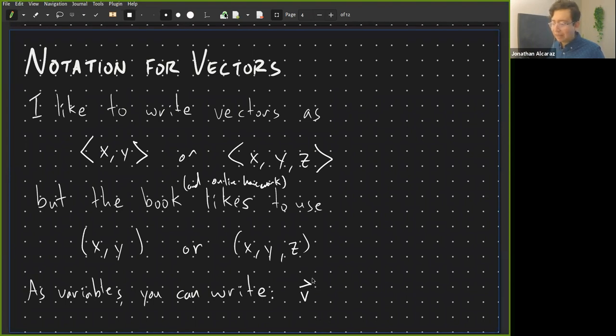I would write the little v, and above the v there's this little arrow that tells you that this v is not just a regular old variable, it's actually a vector. But if you're typing or reading something that was typed, they'll probably just use bold.